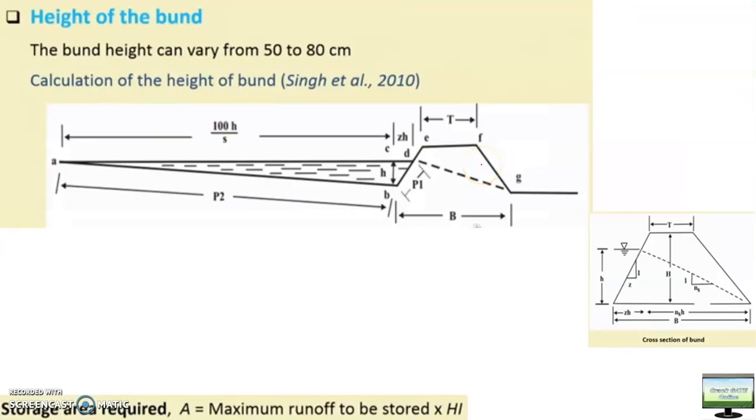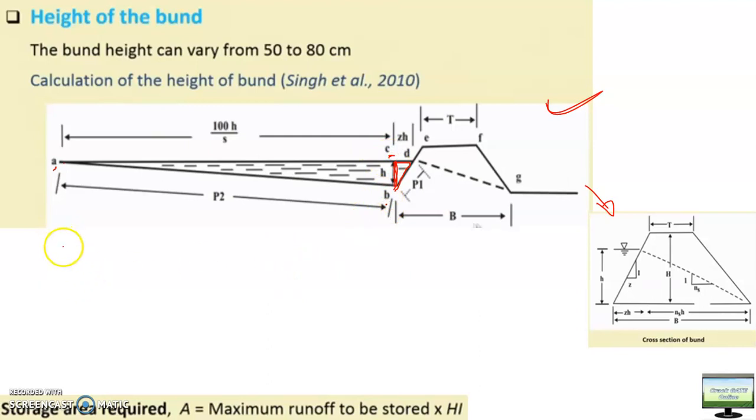Here is how you can decide the height of impounding water. First of all, imagine this diagram in your mind. You see this triangle, this is one triangle, and here you see A, B and C. This is your second triangle.